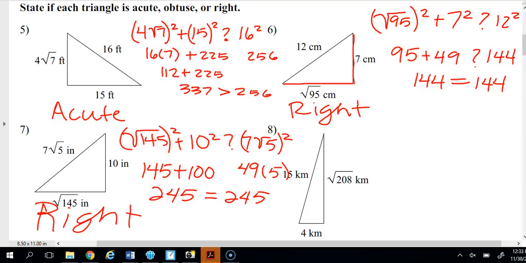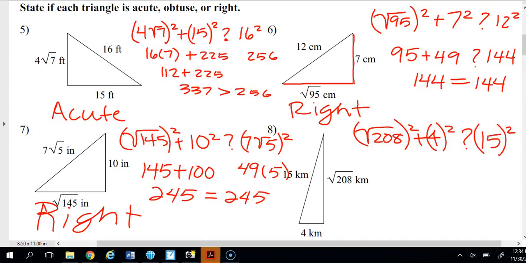Over here on the right now, we have our two legs again, 4 and the square root of 208. So we're going to take the square root of 208 and square that. We're going to take 4 and square it. And we're going to see how that relates to 15 squared.